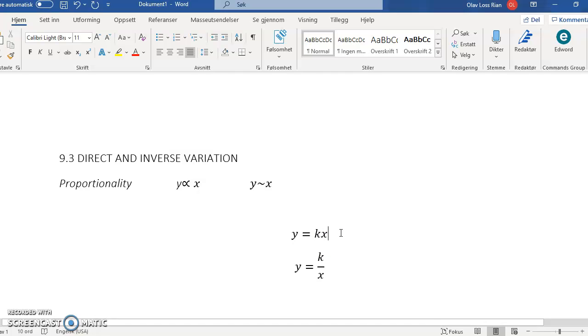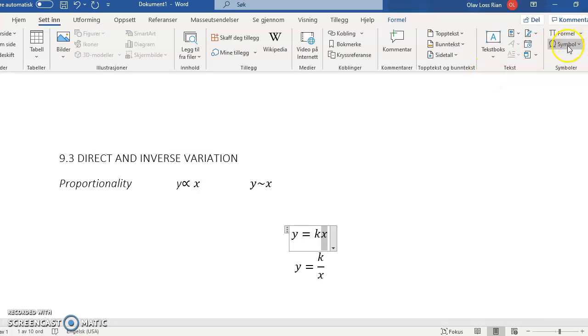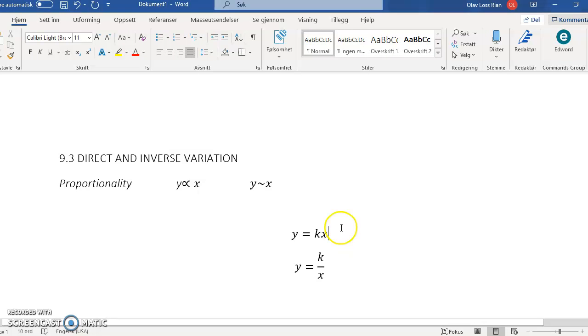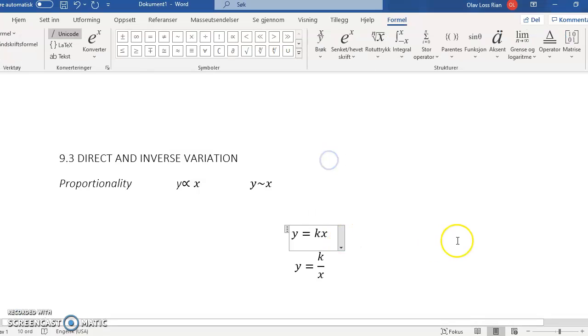Now, this could also be a power number. So it could be x to the power of something else. There, so we could change that to x to the power of 2 or x to the power of 3.